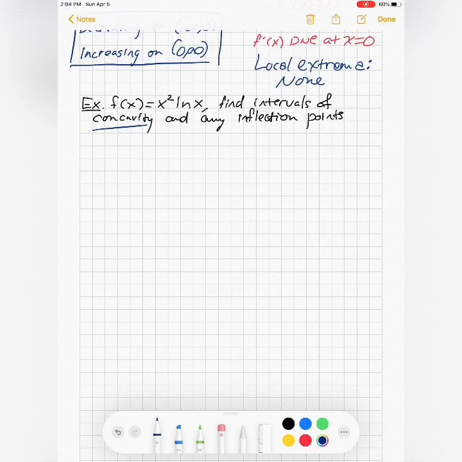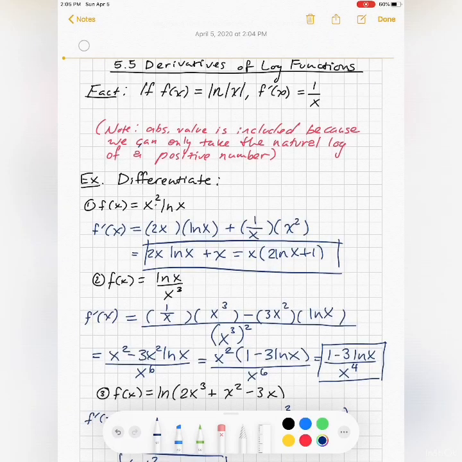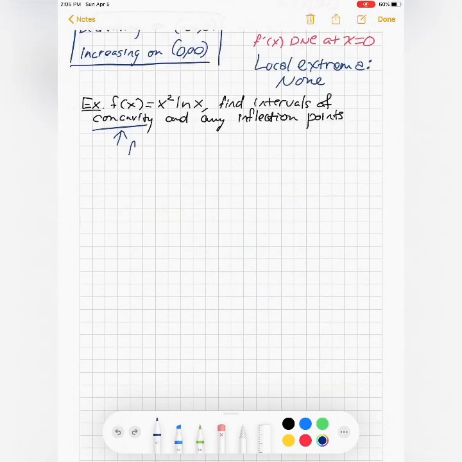So if I see concavity, I know I'm looking at the second derivative. Okay, so first derivative, I see a product. So 2x ln of x, 1 over x squared.